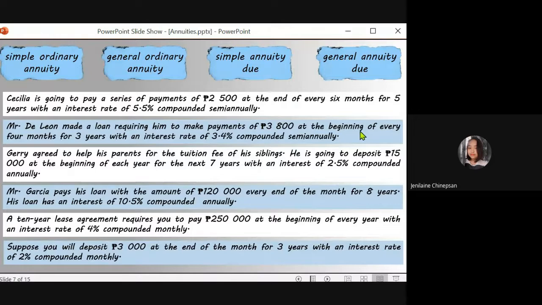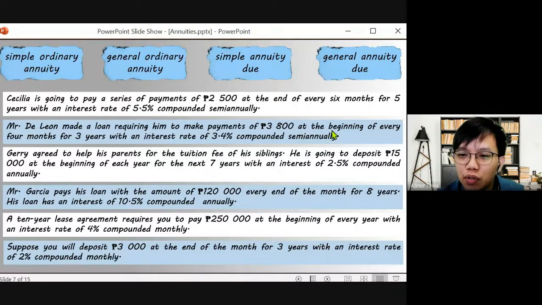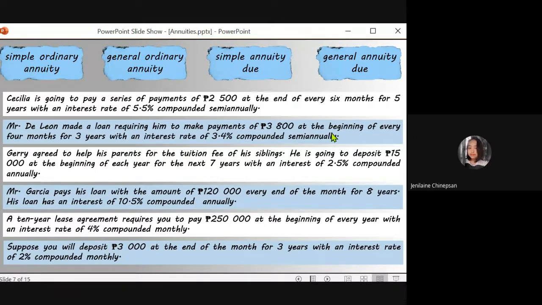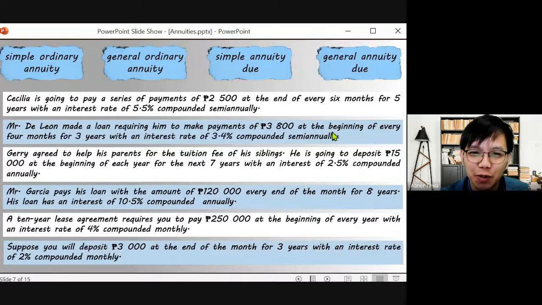Same, sir. Okay, so same din kay Ken. Sino may ibang sagot? Aside from general annuity due.